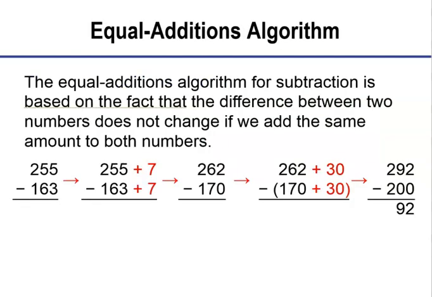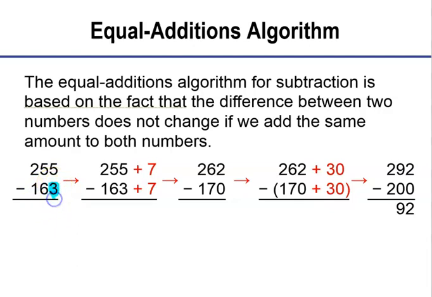Now another algorithm that I find quite useful, and especially when I'm working with not base 10, is the equal additions algorithm. Now notice what we're trying to do. We're doing 255 subtract 163 in the left-hand column here. Now the next step is I'm trying to convert 163 to the next 10 higher, okay? So I'm going to add 7.